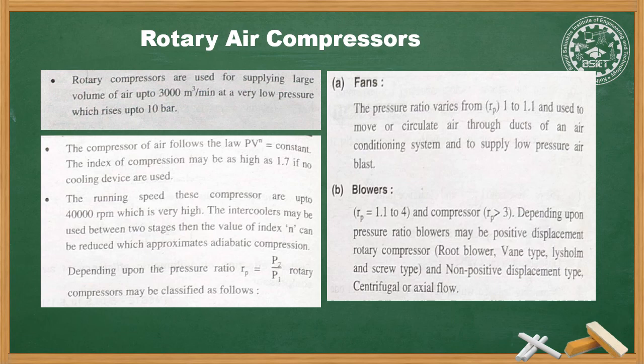The applications of rotary compressors are oil refineries, petrochemical plants, natural gas plants, refrigeration plants, and supercharging of SI and CI engines. The positive displacement compressors such as Roots blower, vane type, screw type, and non-positive displacement compressors such as axial flow compressor and centrifugal compressor will be studied in the next session.